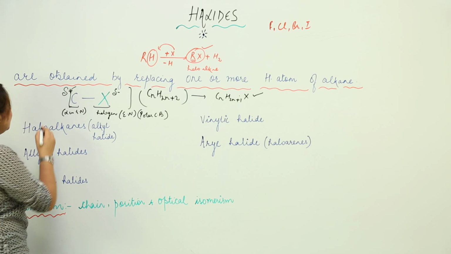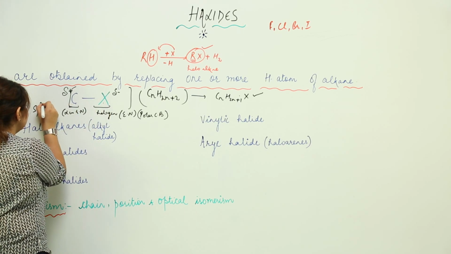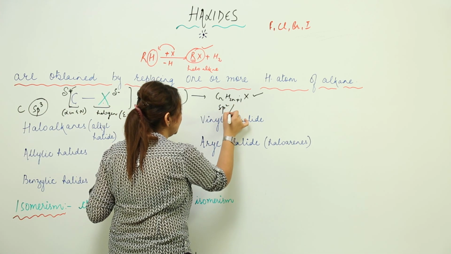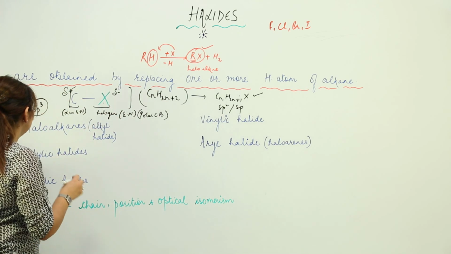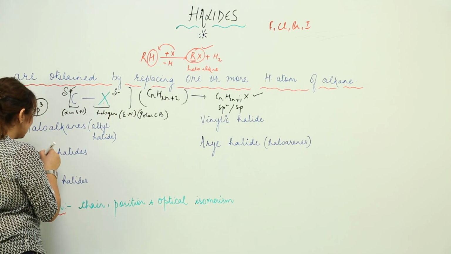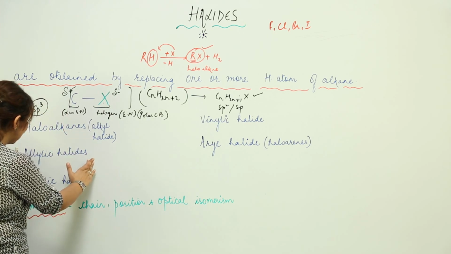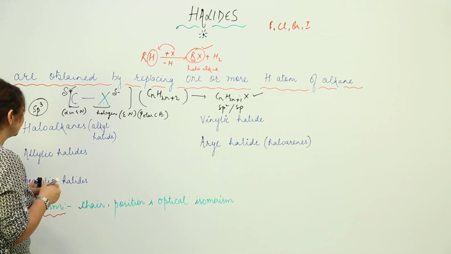Depending upon whether the carbon attached to the halogen is sp3, sp2 or sp hybridized, we have different types of halide compounds. The sp3 hybridized ones are haloalkanes, allylic halides and benzylic halides. Now what is the difference between them?